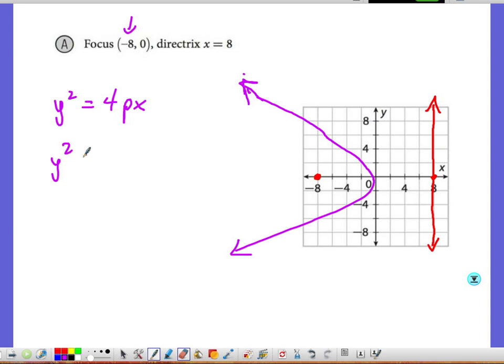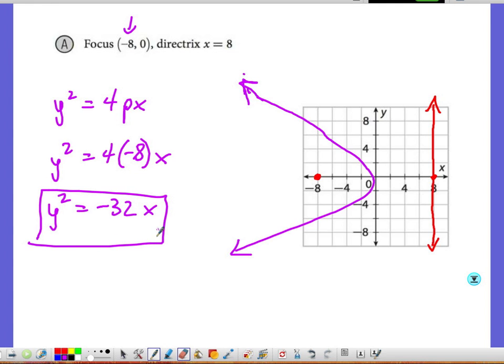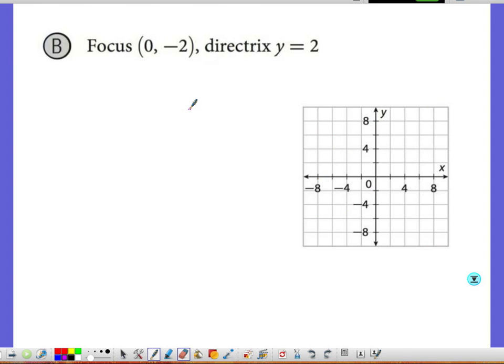Therefore, p is equal to -8, which means that my equation for the parabola is y squared is equal to 4 times -8x. And basically, y squared is equal to -32x. There it is. There is the equation of my parabola, using the given information of the focus and the directrix.